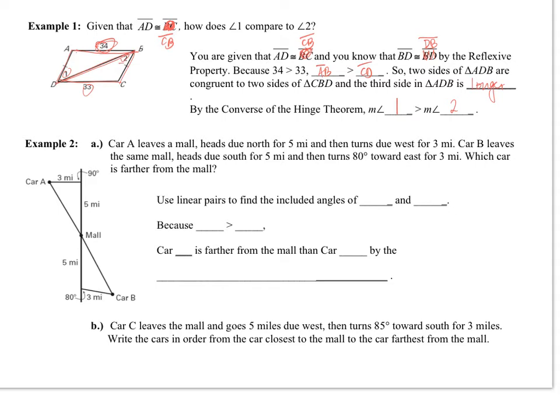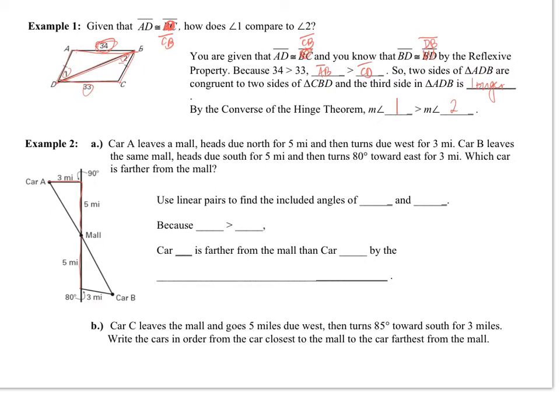Example 2, Part A. Car A leaves a mall and heads due north for 5 miles and then turns due west for 3 miles. So it goes 5 miles north and then 3 miles west. Car B leaves the same mall and heads due south for 5 miles and then turns 80 degrees toward east for 3 miles.